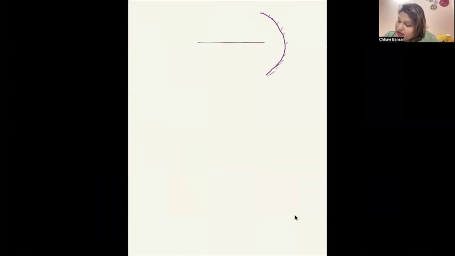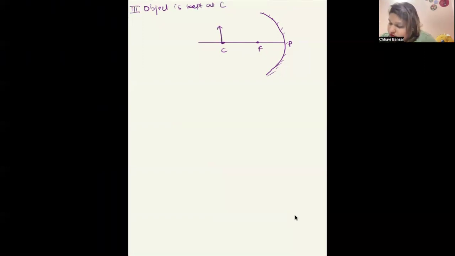In the third case, the object is kept at C. Focus, pole, C. Third case, object is kept at C, like this. This should be C. Then the object is kept at C.